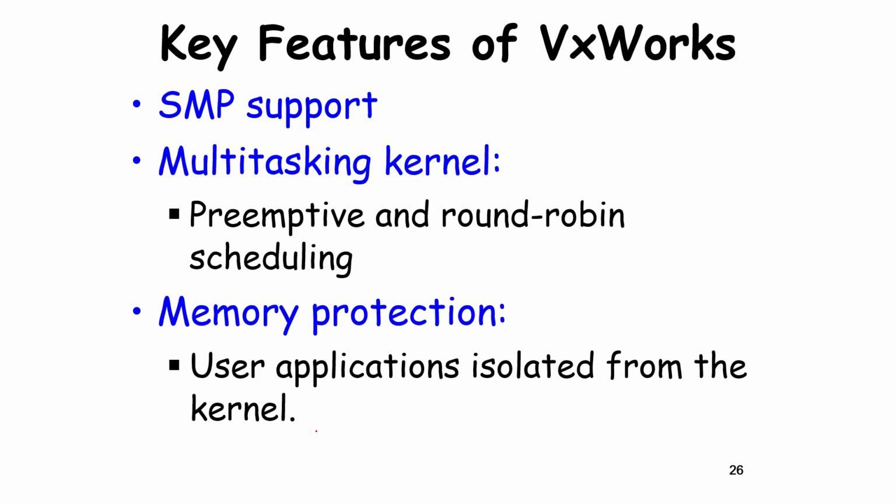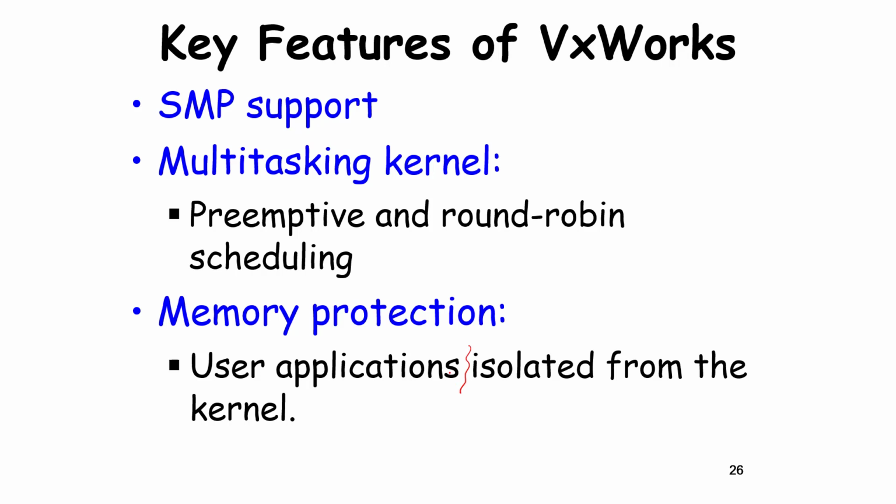In terms of memory protections, instead of running everything in the kernel, as we have been seeing with Xenomai and RTAI and so on, user real-time applications were isolated from the kernel, which, if you would ask me, is very important because we are always concerned about malicious security breaches, inadvertent security breaches, and that is why a degree of separation is required, which VXWorks brought in.